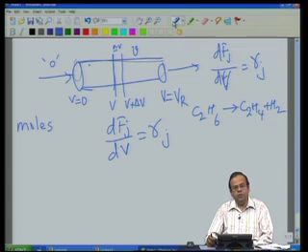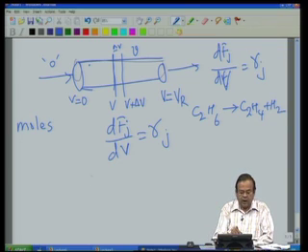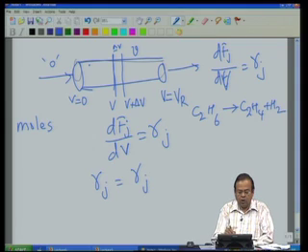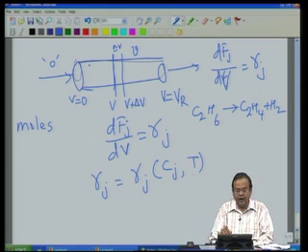Now, if you remember our discussion on kinetics, we said that Rj is a function of concentration of the species and temperature.